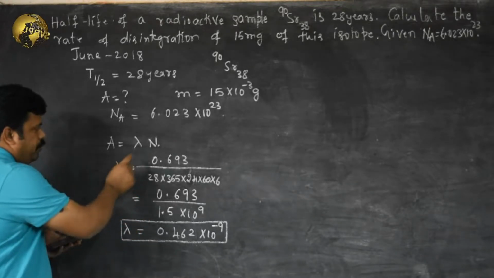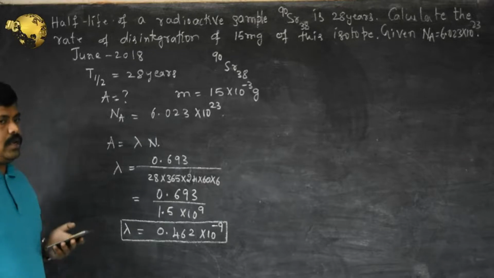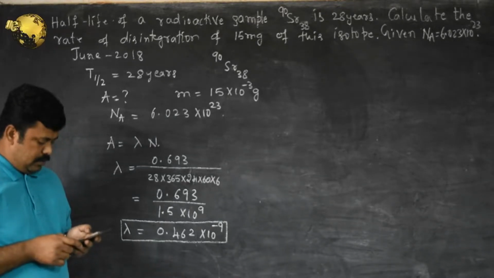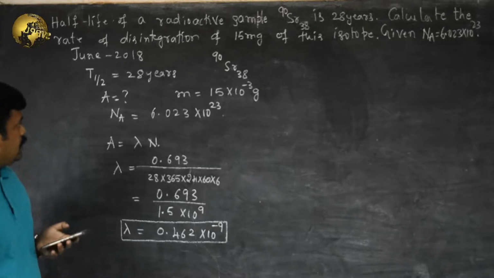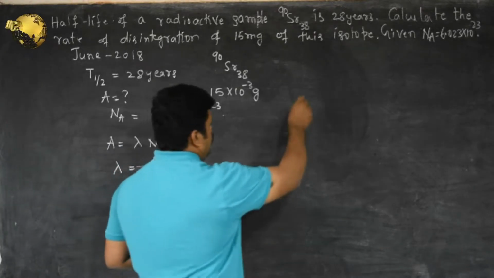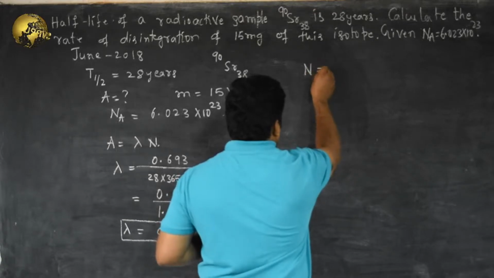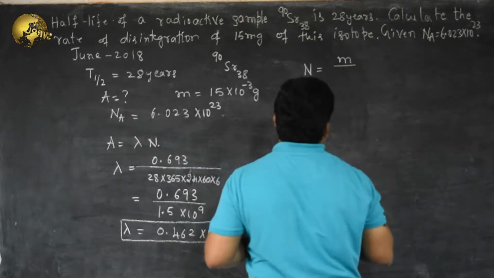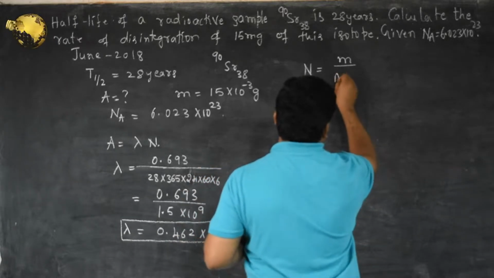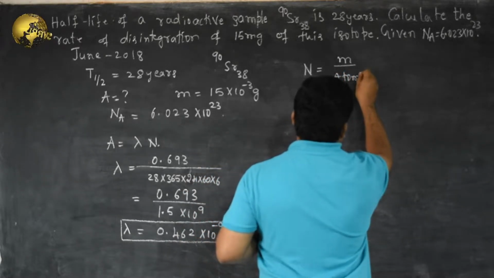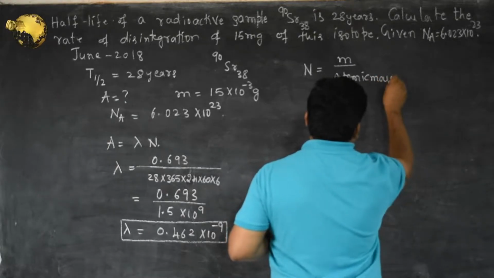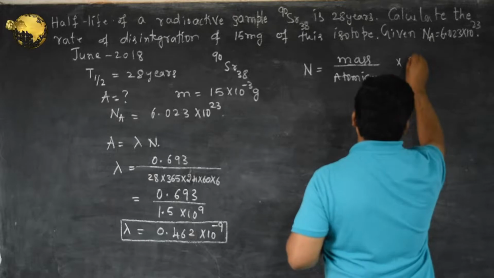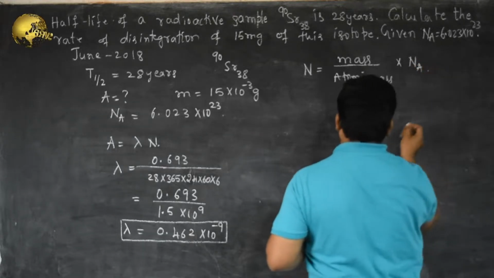So we got lambda. Now we need to find the number of atoms in the given sample. N is equal to given mass divided by the atomic mass, multiplied by the Avogadro number.